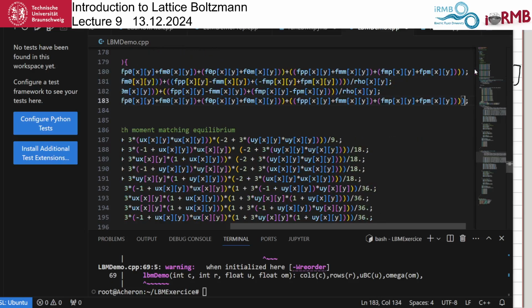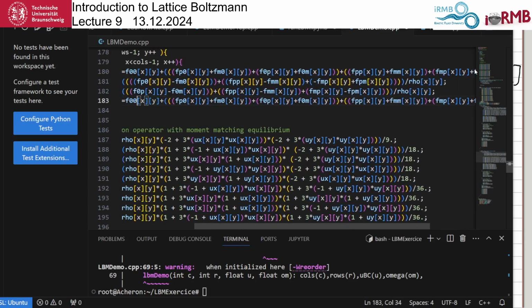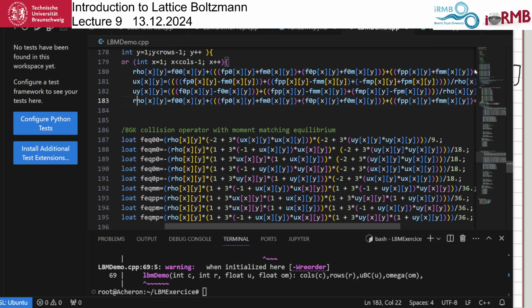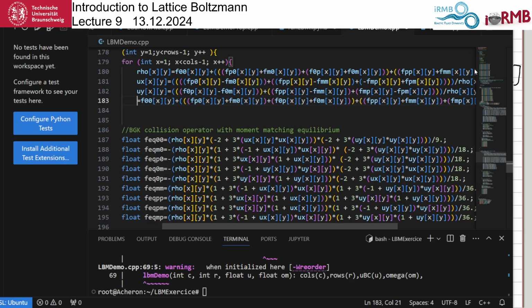I copy the zero moment, and now we'll have local variables. So what moments do we need? We need the moment m20, for example. Yeah. So m20, how is m20 combined?